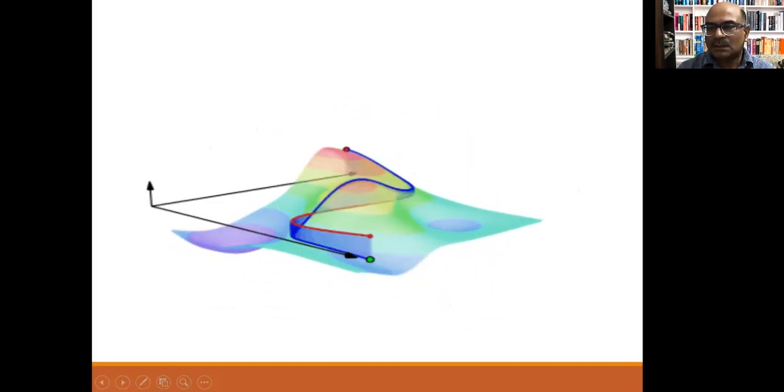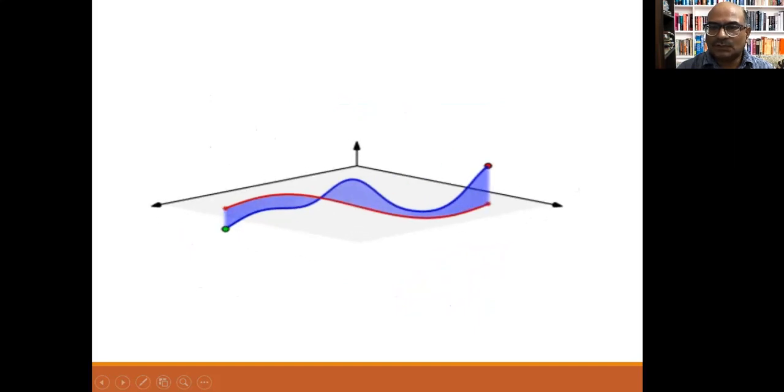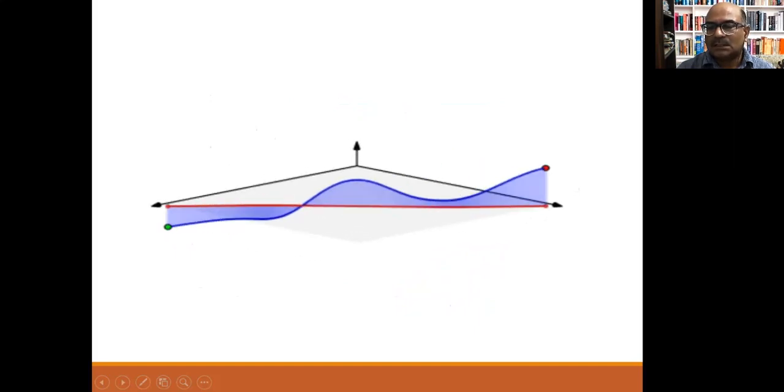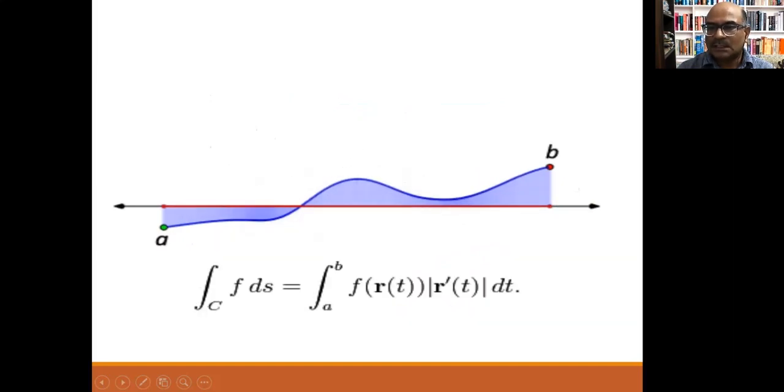And if we generalize this along the curve, along that path, along that surface, then it has this type of structure, and the surface can be straight along this red line where this curve is the blue line. So the area is between these two.